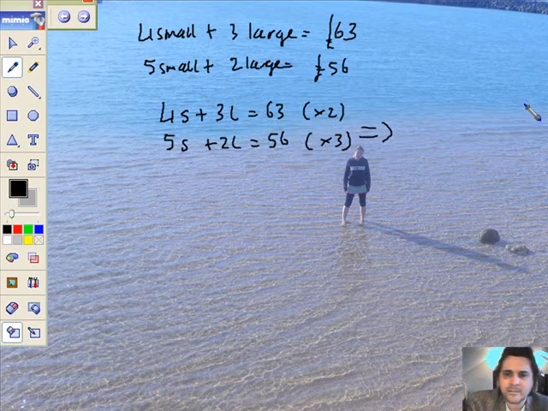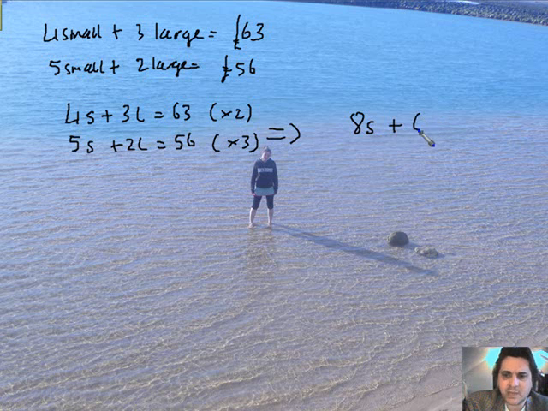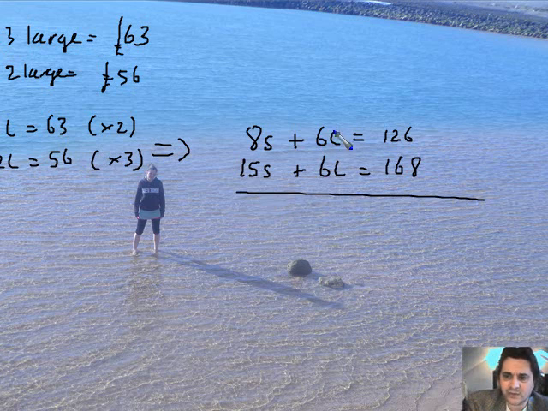Multiplying throughout by 2: 8 small boxes plus 6 large boxes comes to £126. Bottom one, 15 small boxes plus 6 large boxes comes to £168.